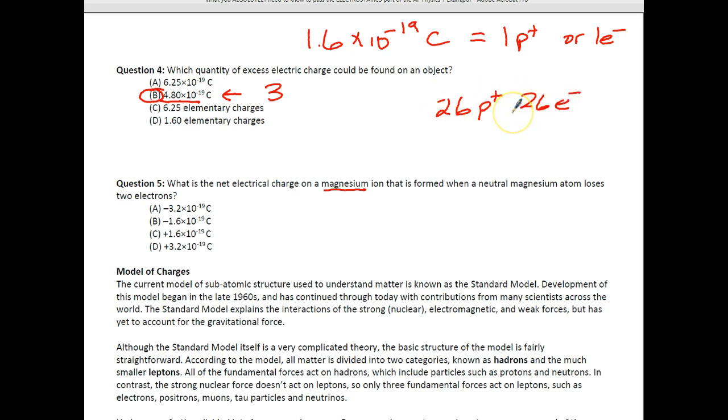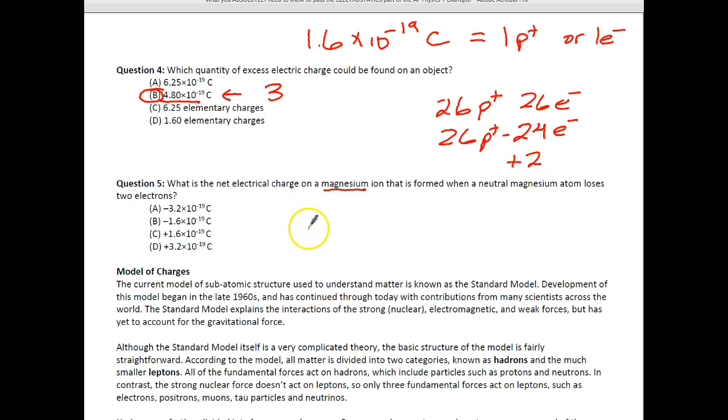I'm not sure if that's right or not, but let's just say that it does. If it loses 2 electrons, now it has 24 electrons and it still has 26 protons. So if we subtract 26 minus 24, we end up with a net of plus 2 charges, or 2 extra protons.